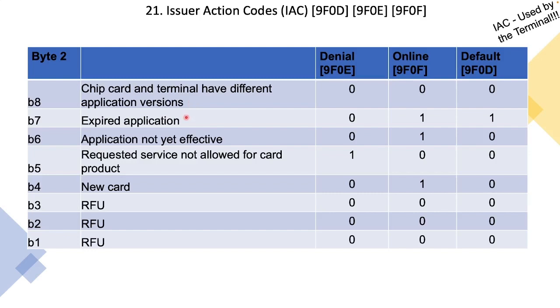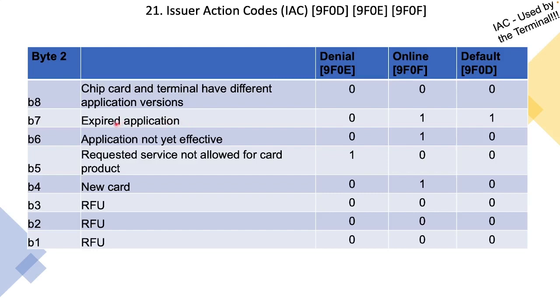Expired application, okay, remember we spoke about expiry date on the card in the previous video, and we did say that the expiry date on its own doesn't determine the behavior of whether, if the card is expired, the decision to decline or continue the transaction isn't run by that particular tag of application expiry date.